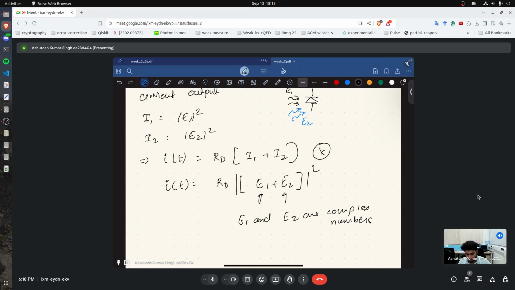This is just something to keep in mind, that the photodiodes do not directly sum the intensity, they sum the electric fields. This is only possible if we assume that we have the same polarization.